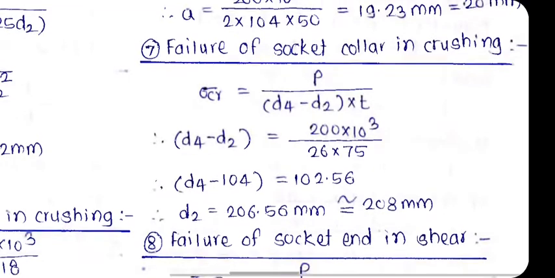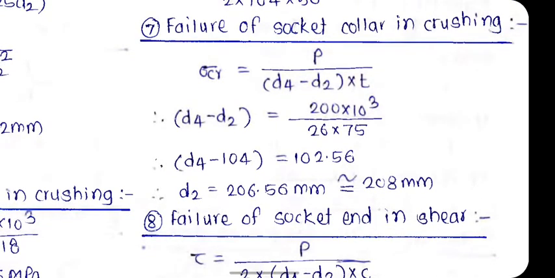Next step is failure of socket collar in crushing. So the equation is sigma cr is equal to p, that is force upon d4 minus d2 multiplied by t. So here take the bracket d4 minus d2 to the left side of the equal to sign. So d4 minus d2 will be 102.56. So we know the value of d2.